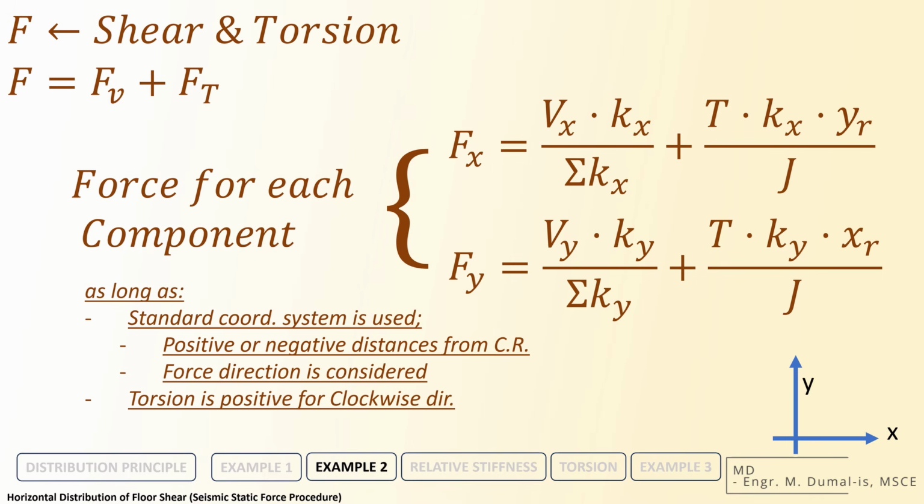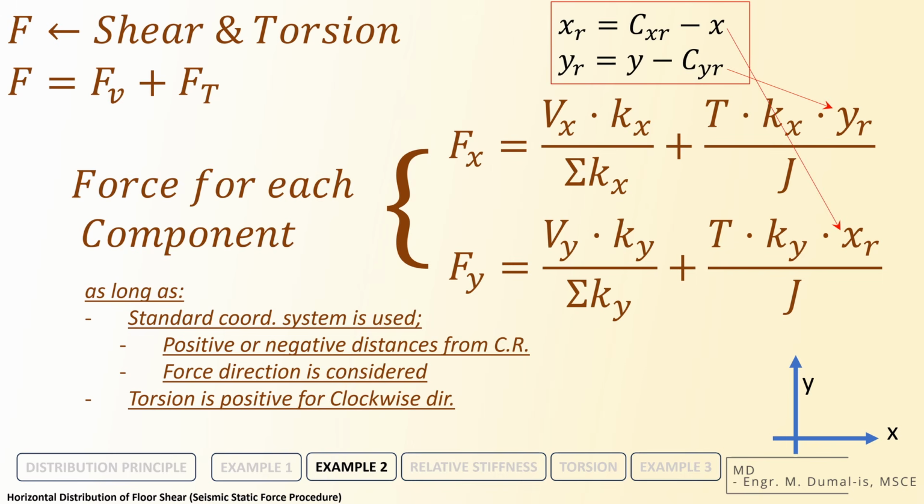For instance, when computing distances from the center of rigidity, xr, yr, the algebraic signs inherently reflect an element's position relative to the center. This integration ensures that both shear Fv and torsional Ft forces inherit their directional signs automatically during calculation. This systematic approach eliminates ambiguity.